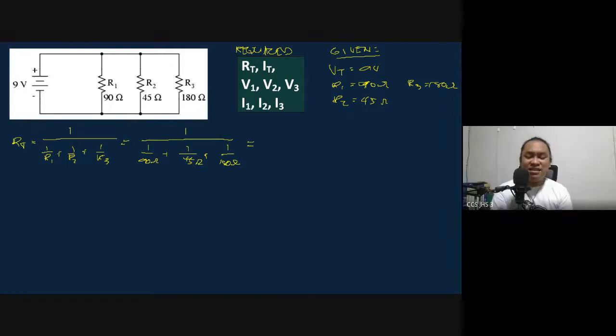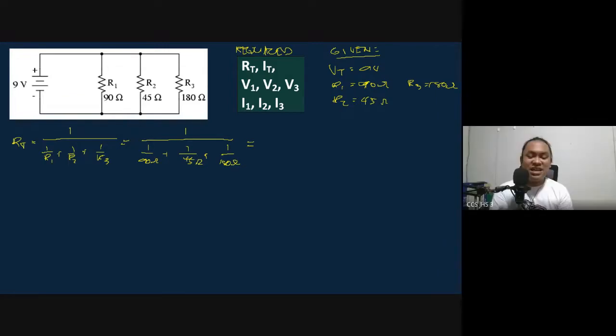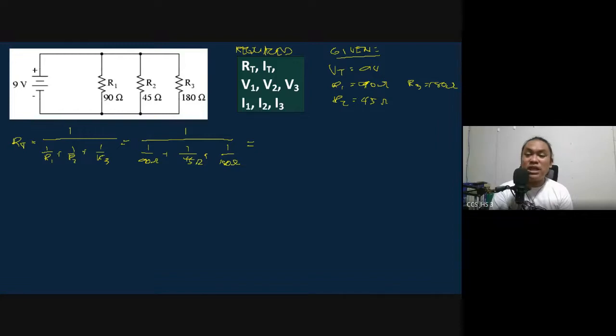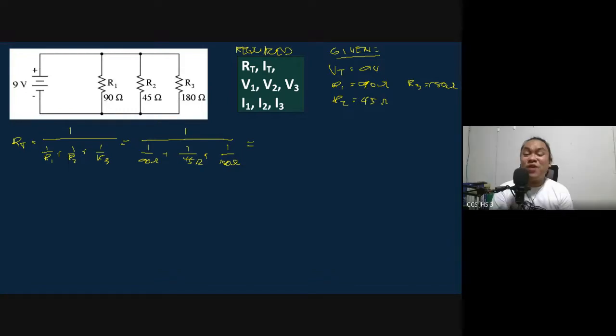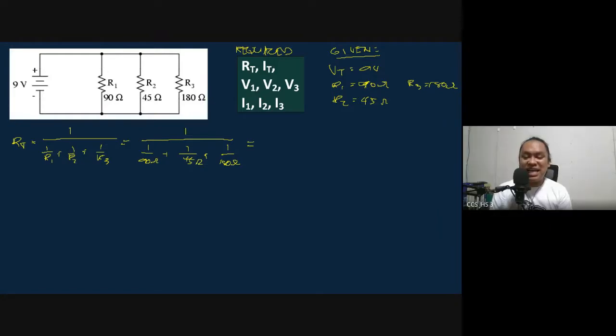Is it 13? 17? 17.4603175 times 10 to the negative. Okay, thank you so much, Kessie. How about the others? Do you have the same answer as Kessie? Some of you got a fraction at the bottom. Let me do it again, Kessie.